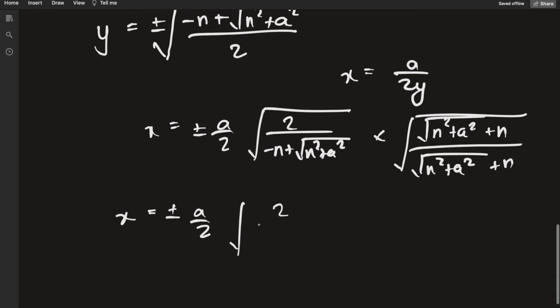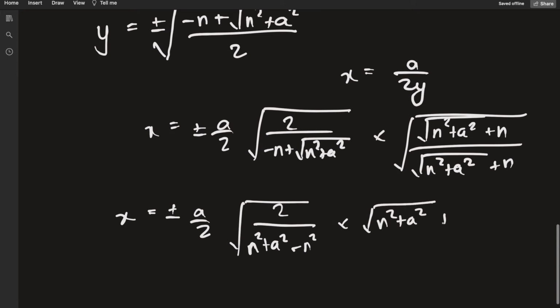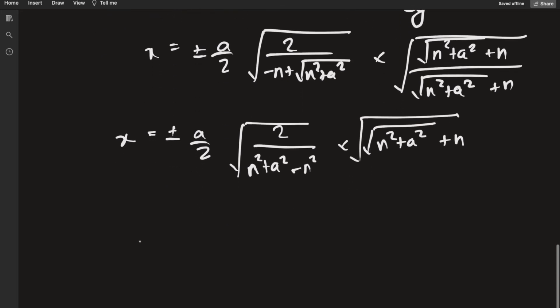So 2 over, well, first term squared is n squared plus a squared. You just lose the third. Minus n squared times square root of this top guy, square root of n squared plus a squared plus n. So n squares cancel out.